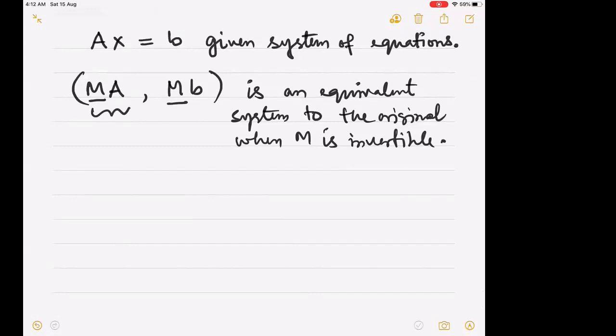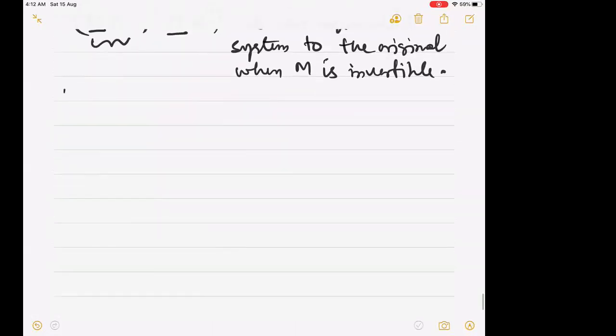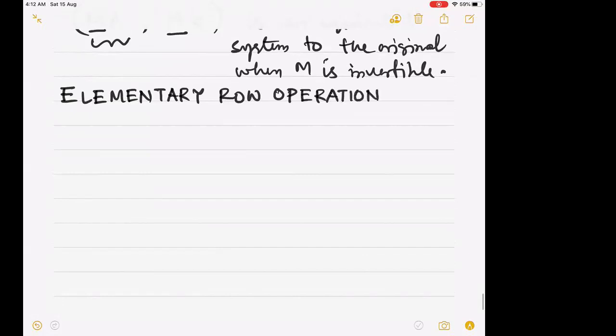Let me define elementary row operations. Elementary row operations can be of three kinds.